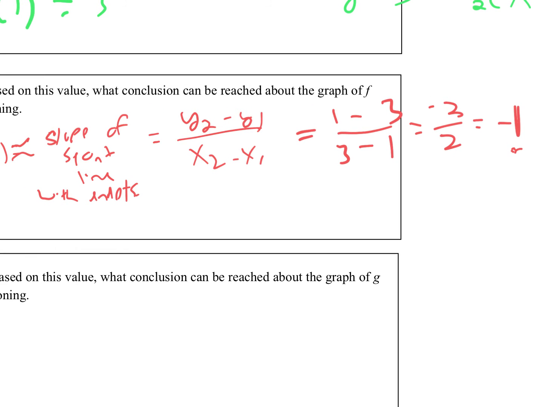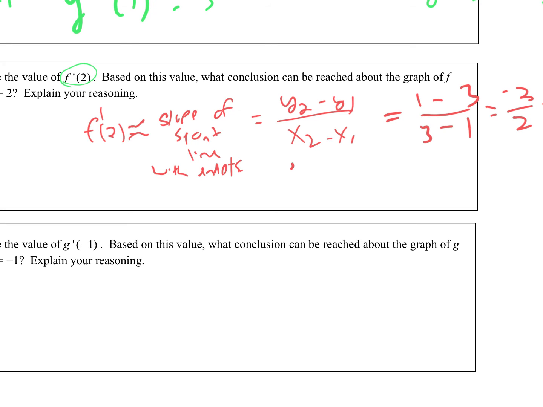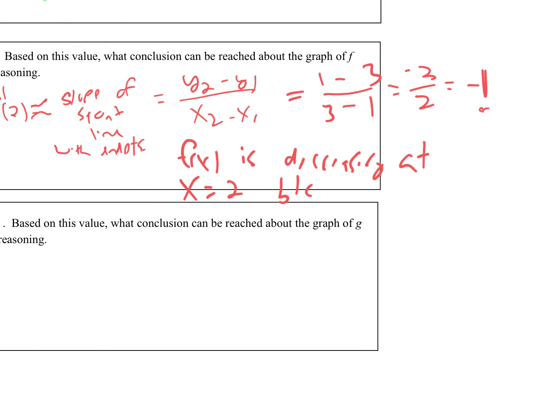Perfect. You can say f of x is decreasing at x equals 2 because f prime of 2, we know for sure it's less than 0.